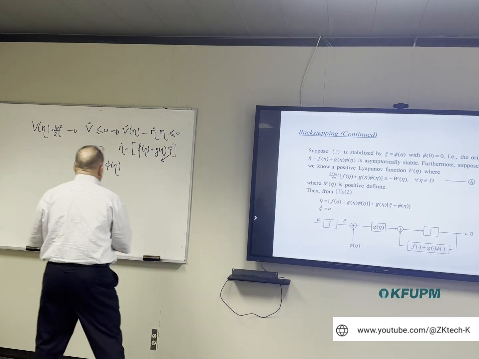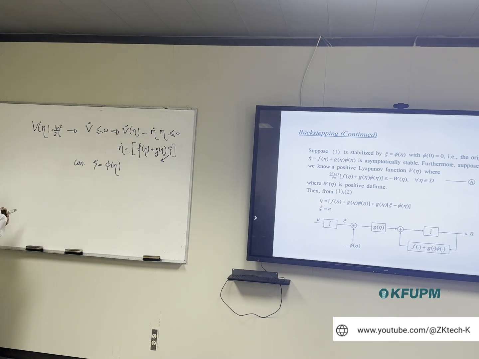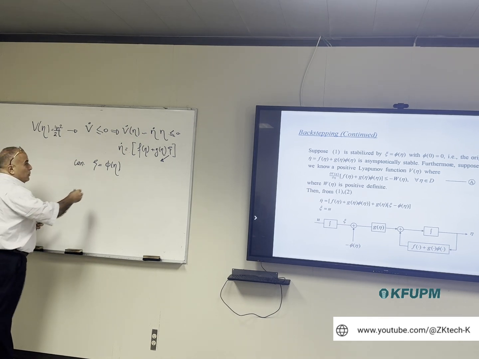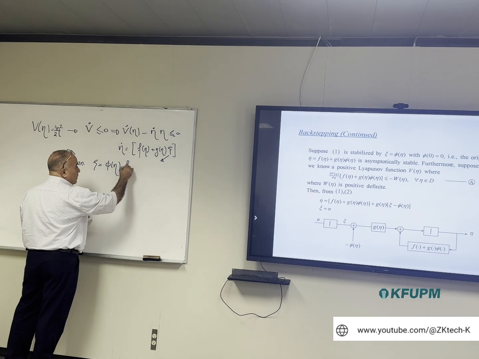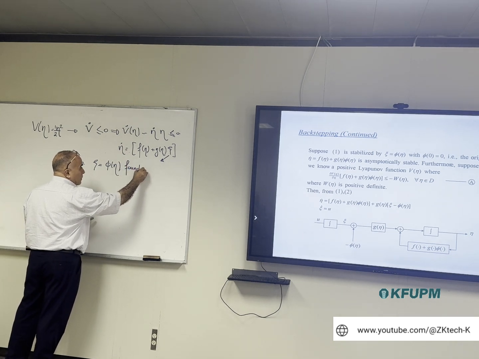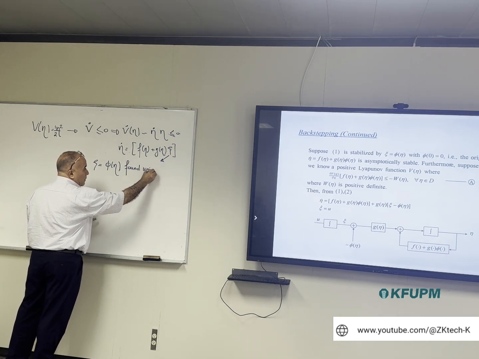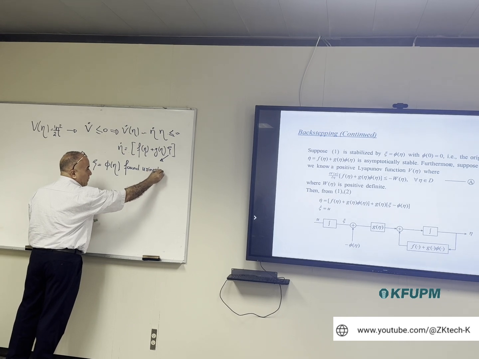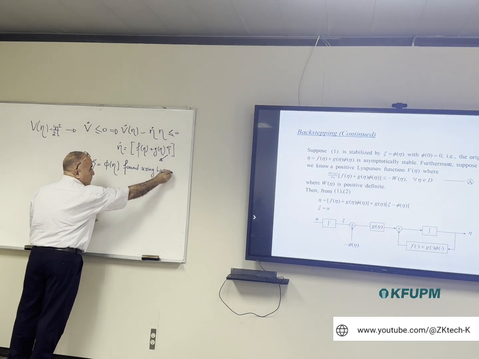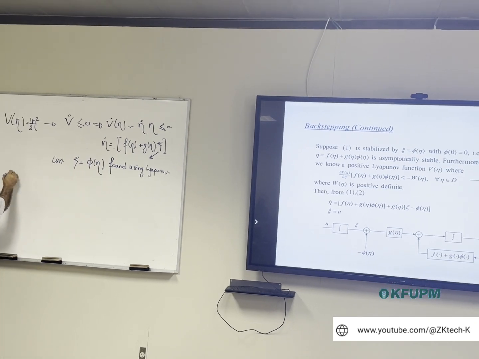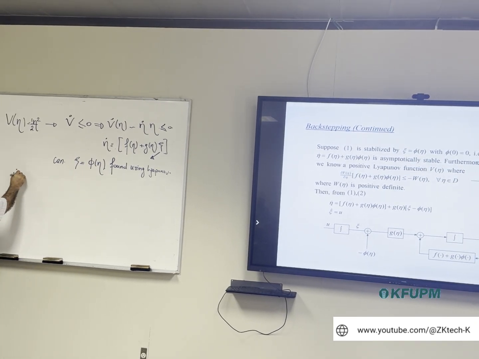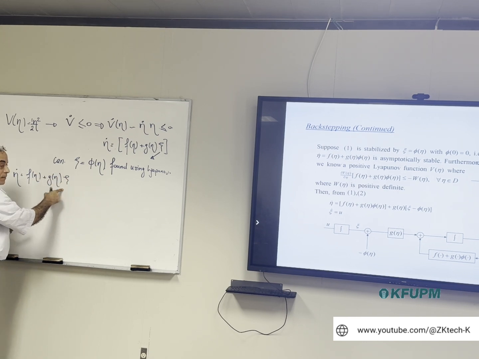Then I come back to my system, back again to my equation. So this one we found using Lyapunov. So we come back to our equation eta prime equal to f of eta plus g of eta multiplied by zeta.